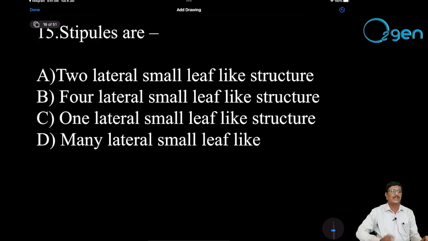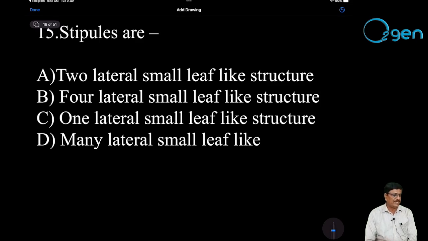Next, stipules are. So, these stipules are leaf-like structures. At the base of the leaf, small outgrowths are there. Those are called stipules. If the stipules are present, it is called a stipulate leaf, and absence of the stipules is called exstipulate. Usually they are two in number.